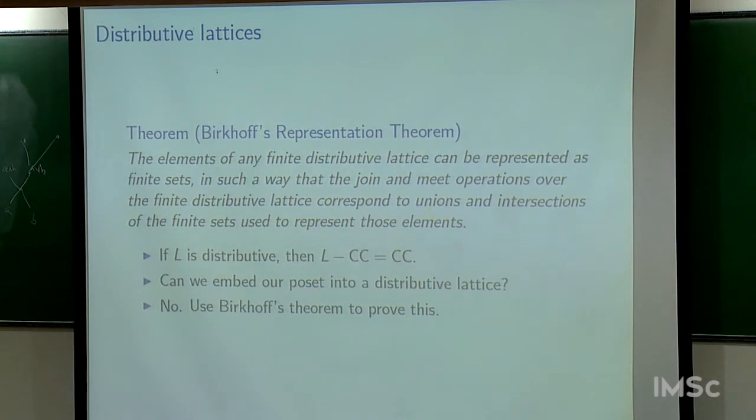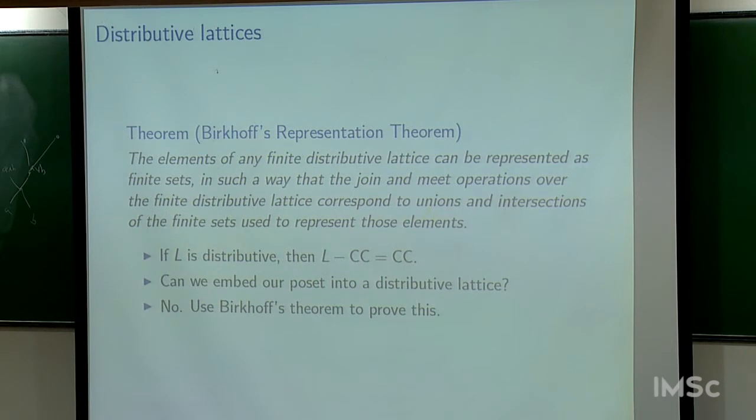If it were possible to embed that poset, then we could label the elements of the poset using sets, such that GLB and LUB should be satisfied by intersections and unions. So you would get a system of equations on unions and intersections, and there would be a contradiction there. Is it true that no poset which implements fan out can be embedded into a distributive lattice? Yeah, we would like a theorem like that, but we don't have it yet.